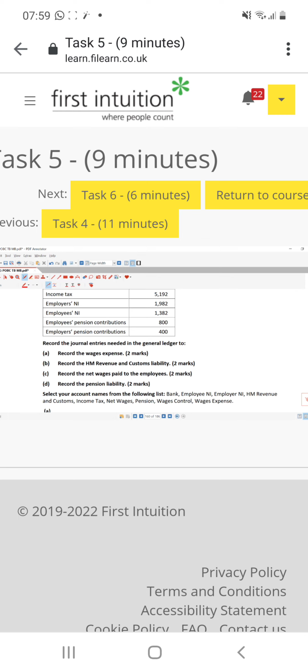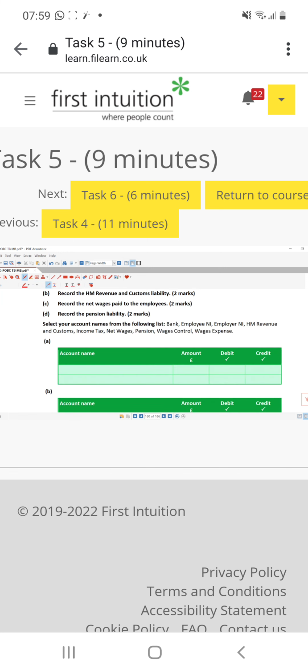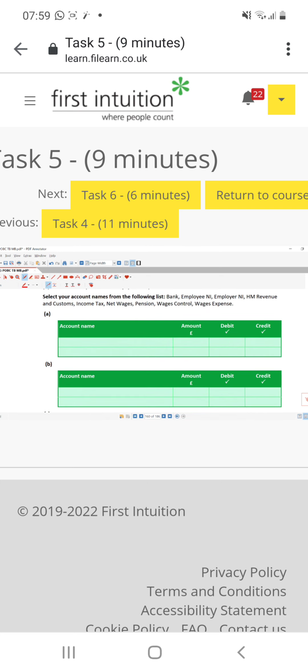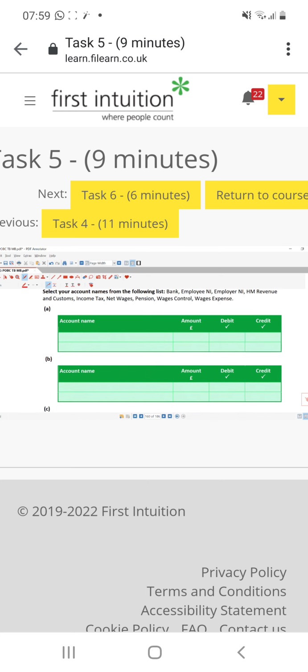So what we have got here for each one in turn, our little double entry journals. For our first one, the wages expense, what we must always remember is that this is the cost to the company of employing the individual.